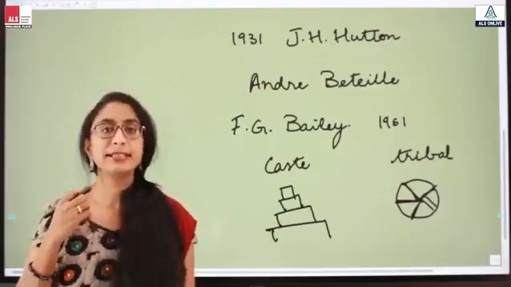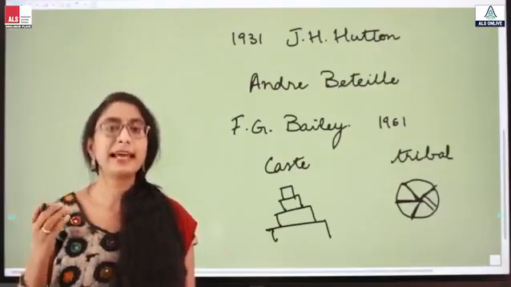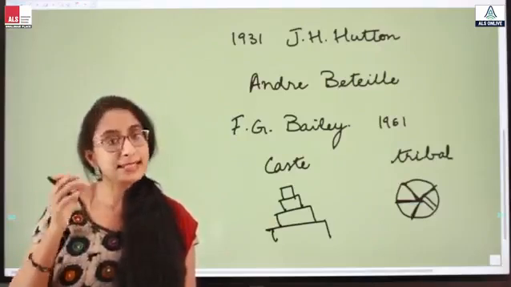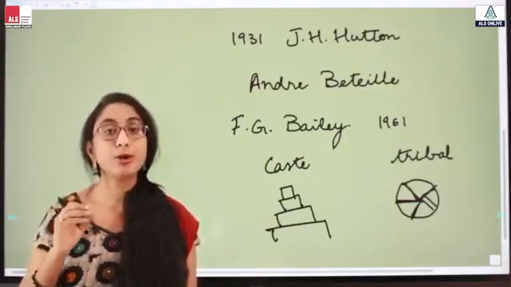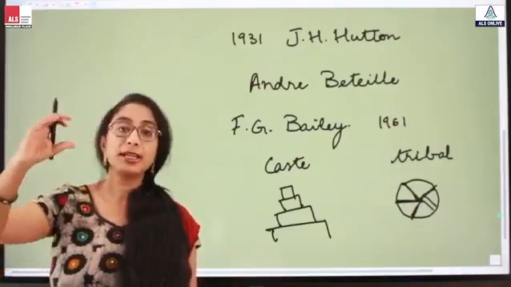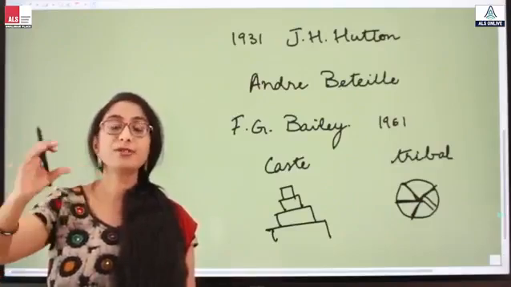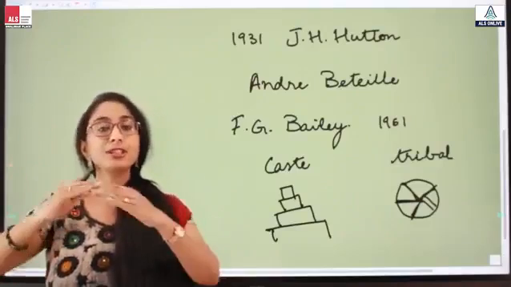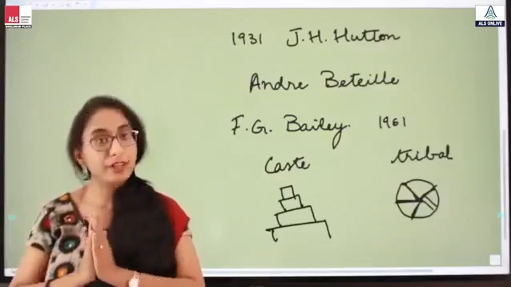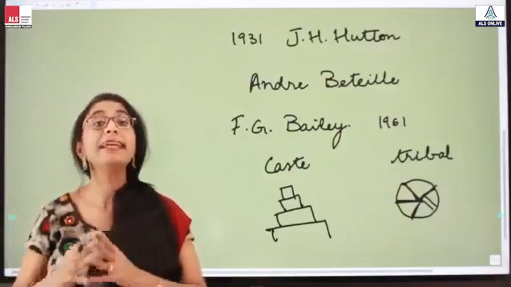Sir would have discussed in detail the tribal groupings like clan, moiety, phratry, all these things. Yes, there is grouping among the tribal society also, but here there is nothing like high or low. This tribal society occupies a higher position, this one occupies a lower position, this group is high, this group is low. There's nothing like that. Even though there are divisions in a tribal society also, all of them are equal.